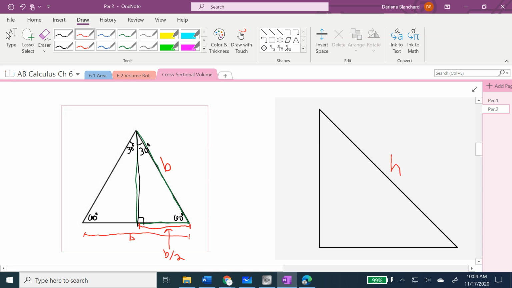Now, in order to find an area formula, I need to know the altitude. Now, either you remember how to find the altitude based on special right triangles, or you can Pythagorean theorem your way to that formula if you forget it, which means the length of the altitude squared plus half of b squared is equal to b squared.